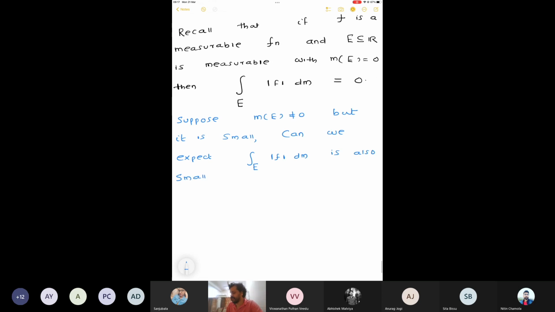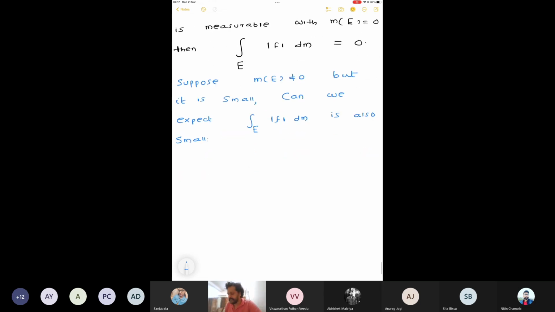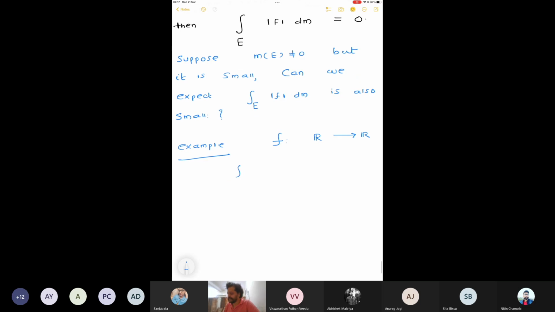Let me give you a quick example to answer this. Let me consider f from R to R, where f of x is defined as 1 by x square when x is non-zero and 0 otherwise. That means at x equal to 0, f of x is defined as 0.